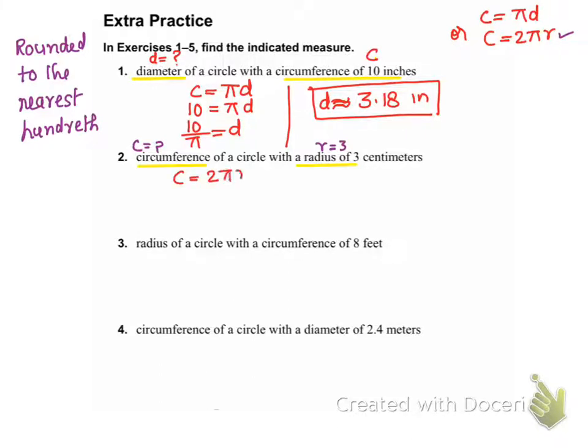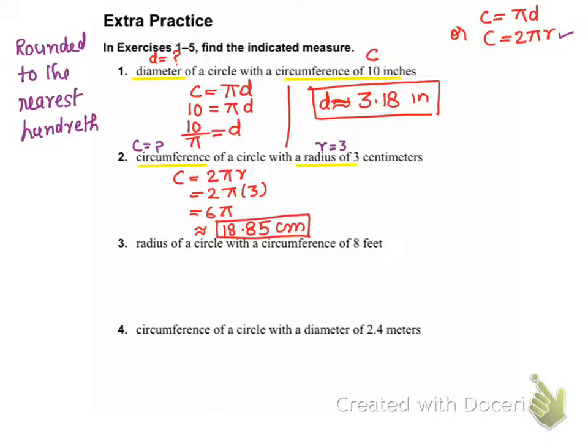Plug it in: 2 pi times 3 is 6 pi. When you plug it into your calculator, 6 times pi to the nearest hundredth, the value is going to be 18.85 centimeters. That's your answer.